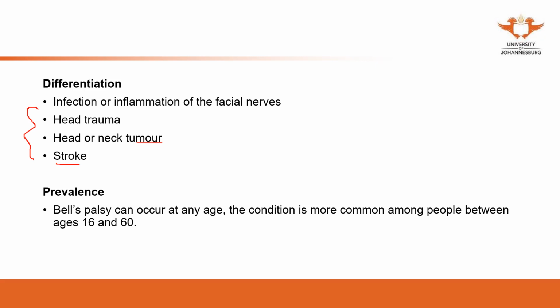All these diseases may present as facial disorder. So when you see a patient presenting with facial disorder, you need to differentiate. You need to exclude these three diseases, especially the tumor, something related to the central nerves, something related to the brain. Now, how to differentiate?